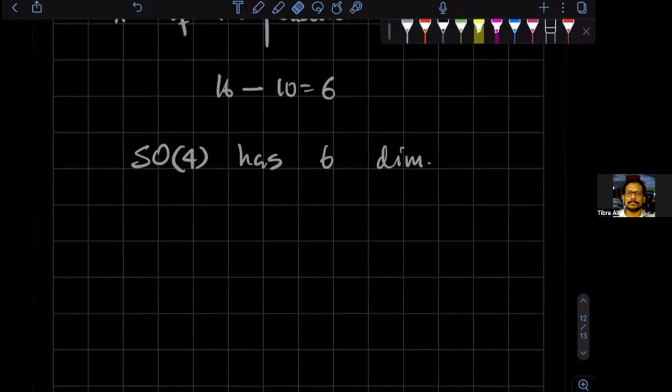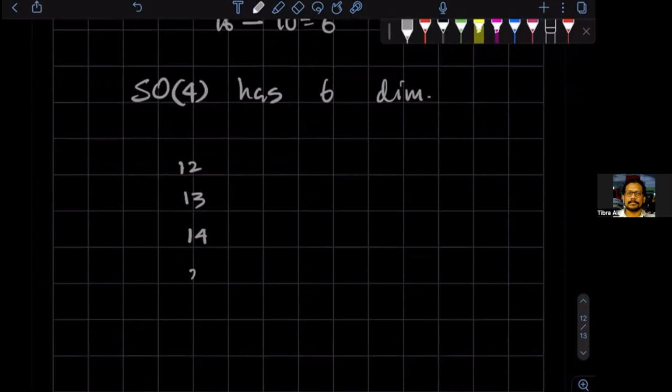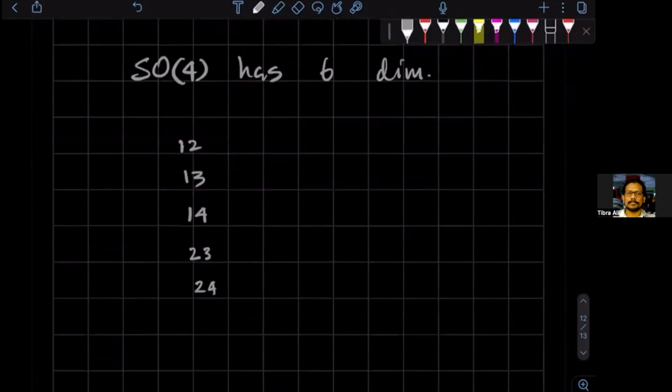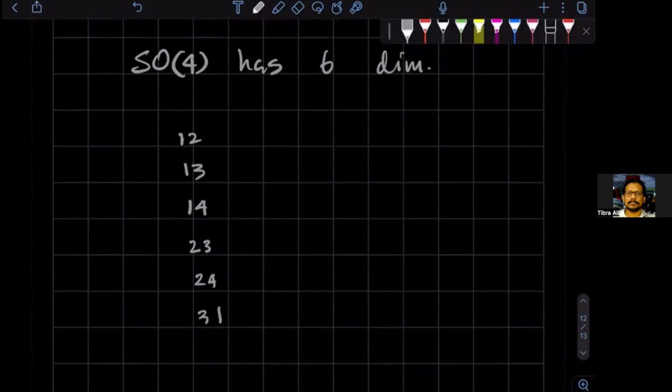What are the independent rotations? 1,2; 1,3; 1,4; 2,3, because 2,1 is taken and 2,2 is not a plane; 2,4; and then 3,4. These are the independent planes of rotation in 4-dimensional Euclidean space.